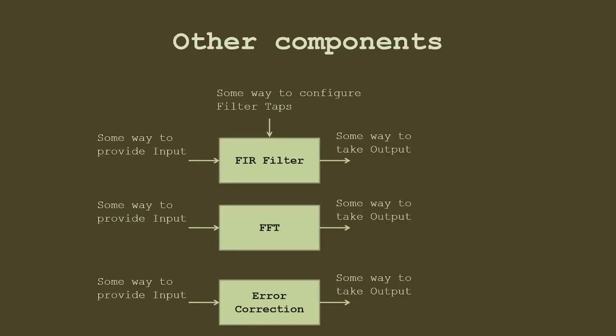Okay. So, in addition to the components that we design, there also exists a library of common components that are used. We generally call them IP cores. For example, FIR filter, if we are doing a signal processing example, FFT core, also for signal processing, error correction codes if we are working on communication systems.